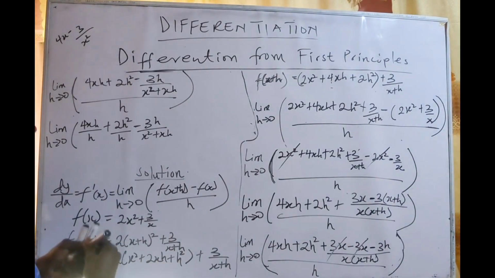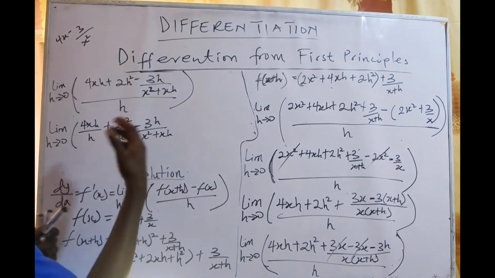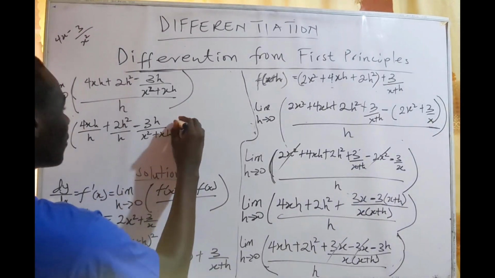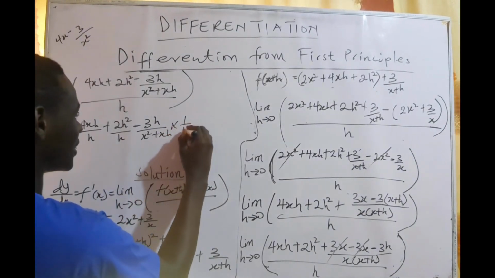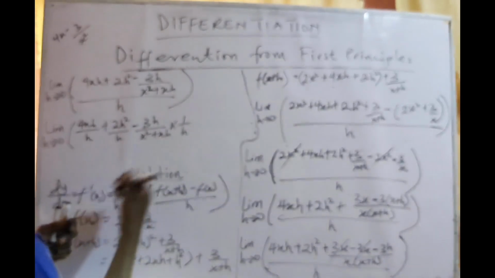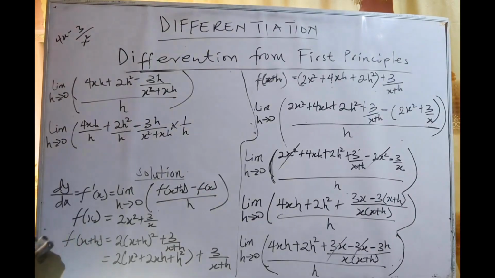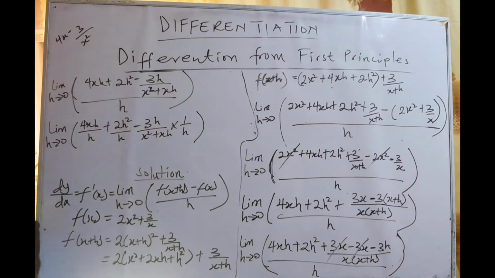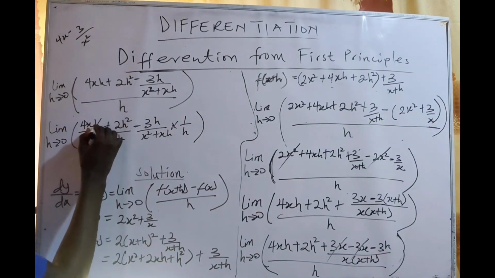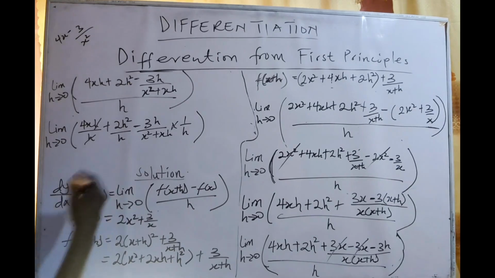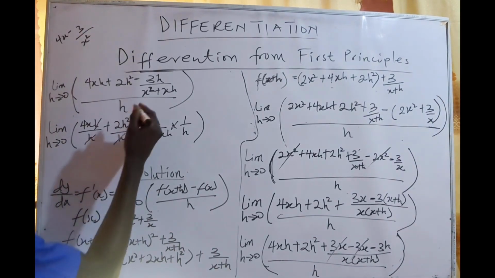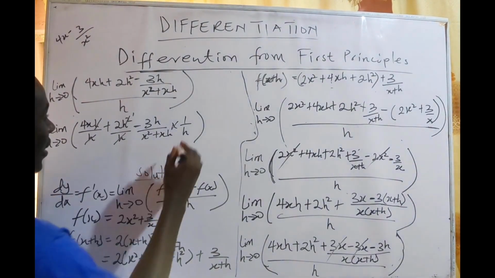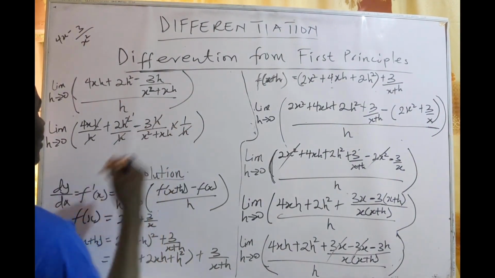But from the law of indices, we can say 3h on x squared plus xh multiplied by 1 on h is the same as all divided by h. So here, we just need to do some small cancellation. h cancels h, here h cancels h, remaining 1, and here h cancels the h over here.